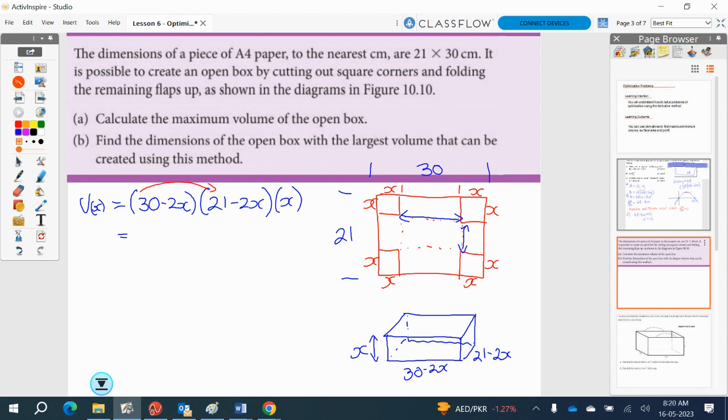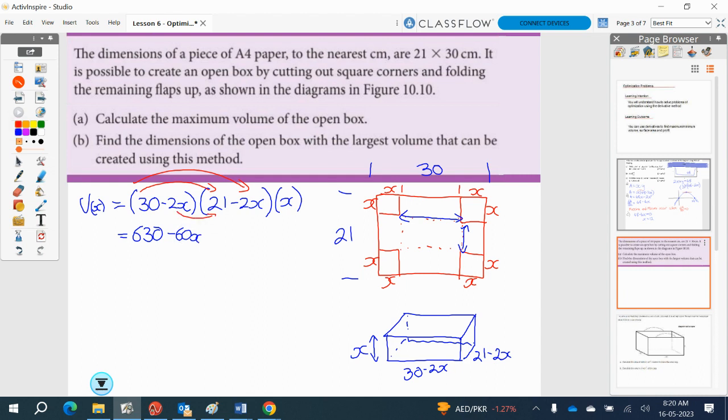630. Can you use your calculator? Negative 60x.